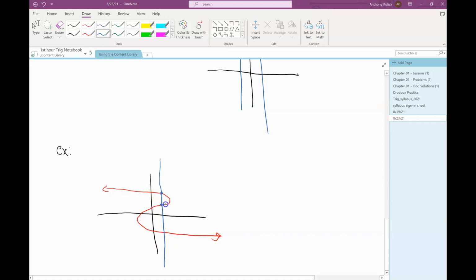This is intersecting it in 3 places. Does it matter that if I drew my vertical line here, it can intersect it only one time? No. All I need is one vertical line that intersects it more than once. It doesn't matter how many vertical lines intersect it more than once. It just needed to happen one time. Is that okay? Okay.